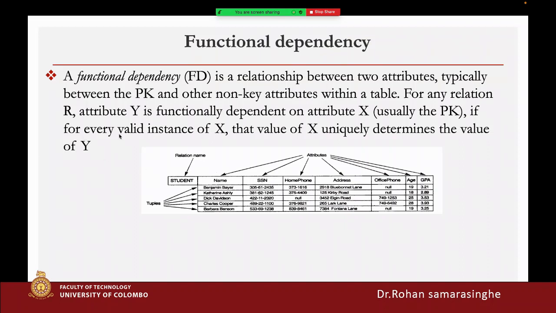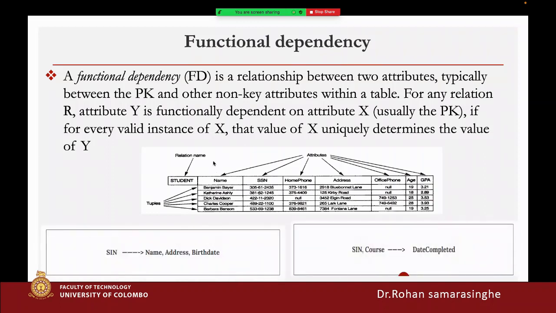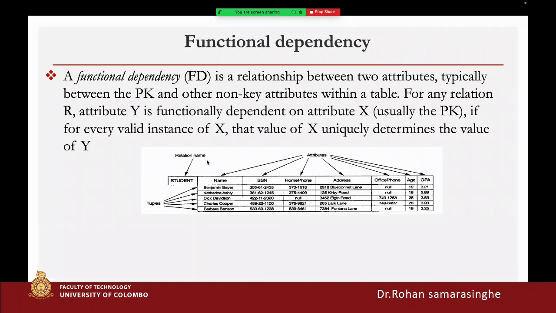If for every valid instance of X, valid instance means valid name and other data for the other attributes, that value of X uniquely determines the value of Y.